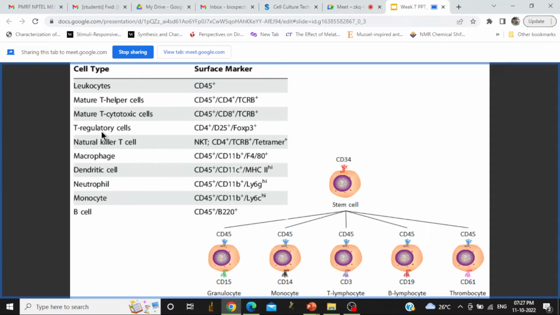In the case of T regulatory cell, there are FOXP3 positive marker, CD25 marker. So these are all the markers of these cells. And every type of cell in our body has some specific markers. So you can separate, isolate, or study any type of cell using these markers.